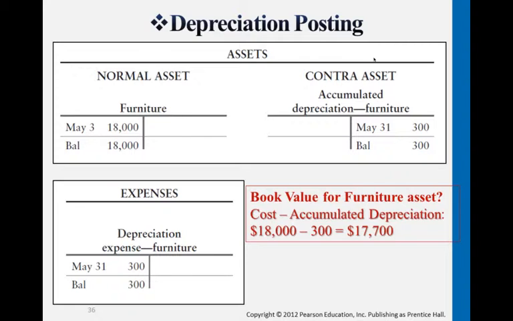When it reaches the following month, after June, this will be $17,400. After July, $17,100. The following month, $16,800. So we continuously reduce $300.